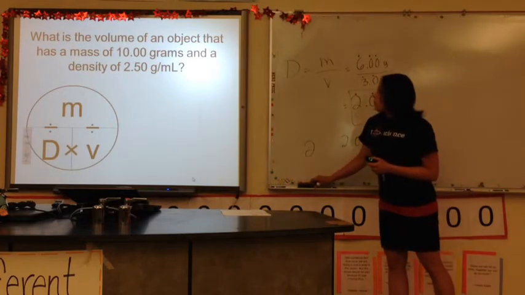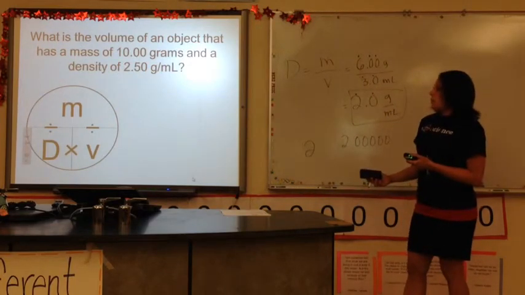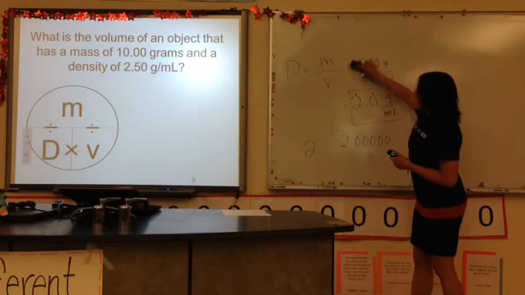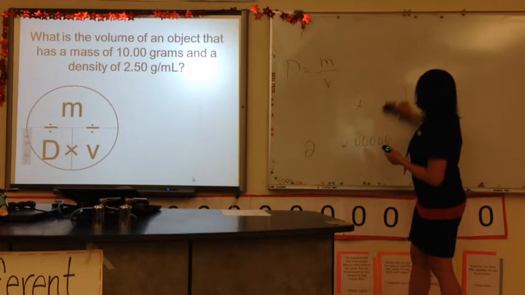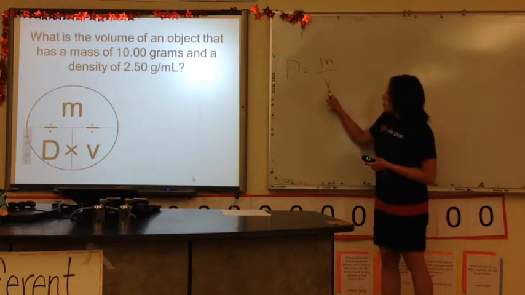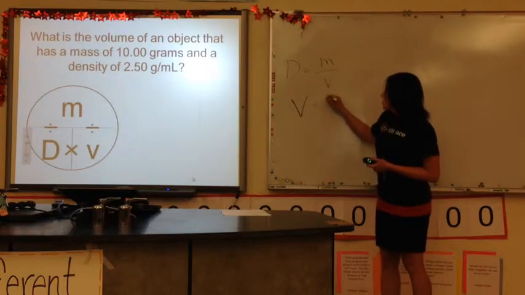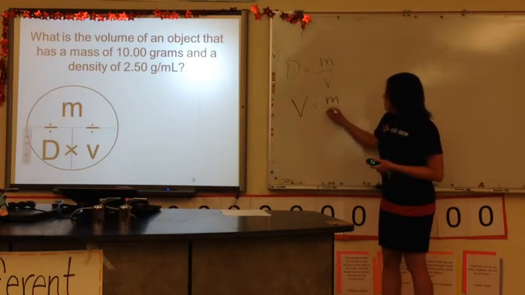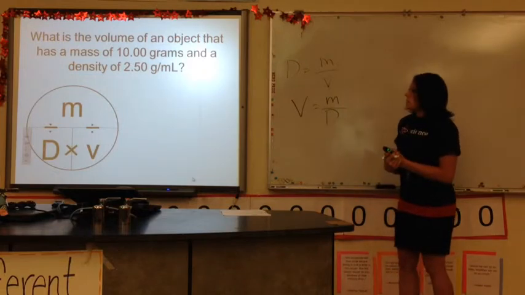What about this problem? What's the volume of an object that has a mass of 10 grams and a density of 2.5 grams per milliliter? Okay, we want to know volume. So we can switch these two. You can go back and use that circle chart if you like that. But volume is mass divided by density.